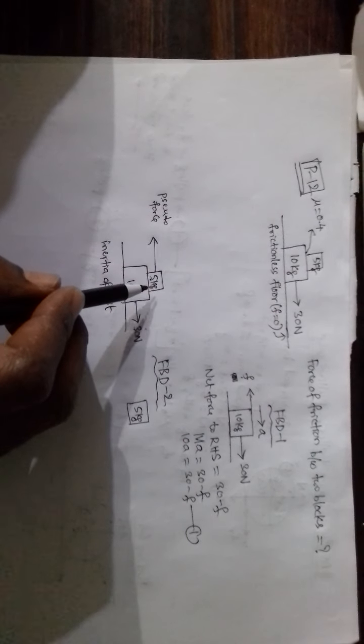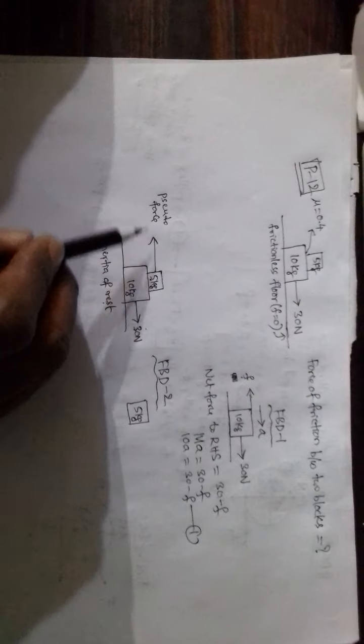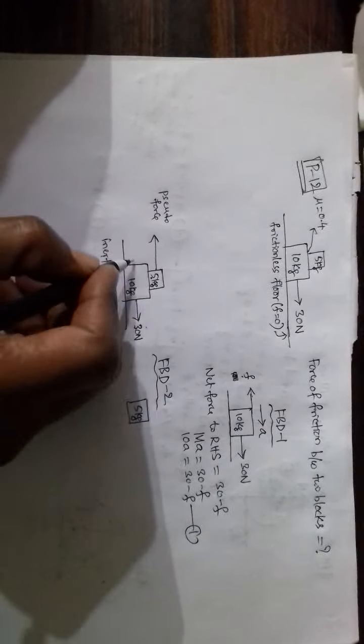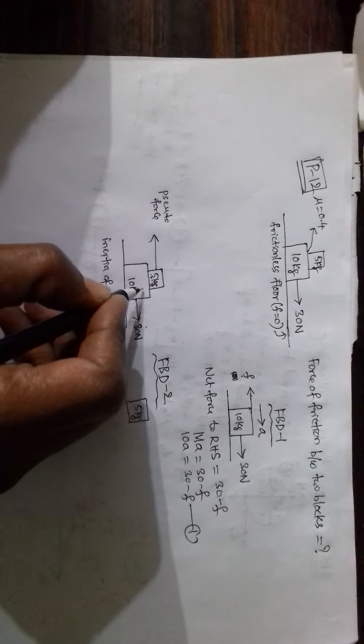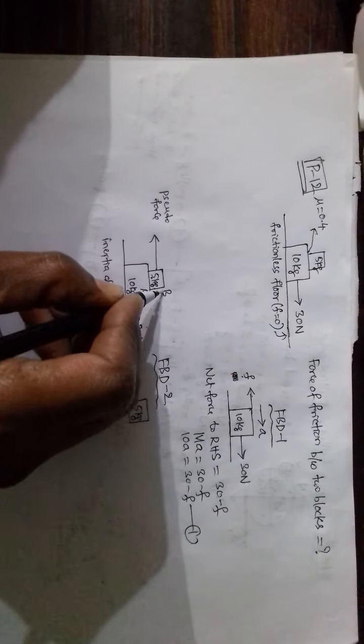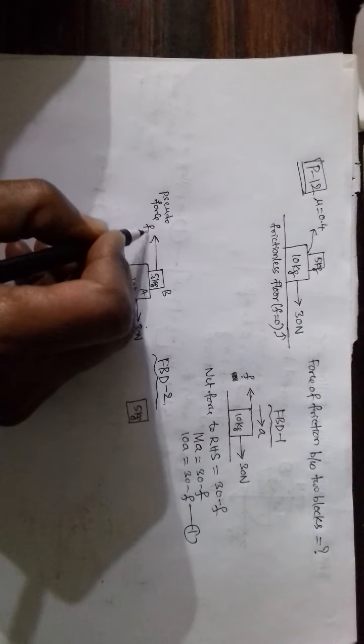Just like that, on 5 kg, a pseudo force works in the opposite direction. And say, this is block A and this is block B, and say the pseudo force on B is FB.